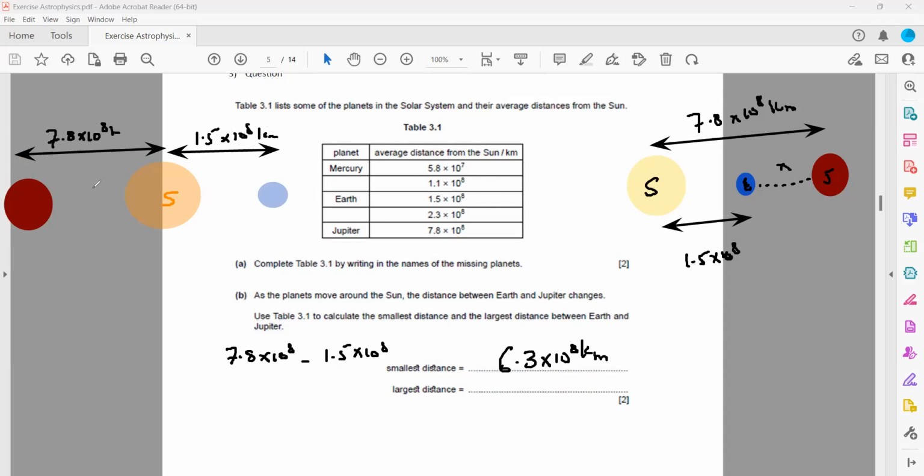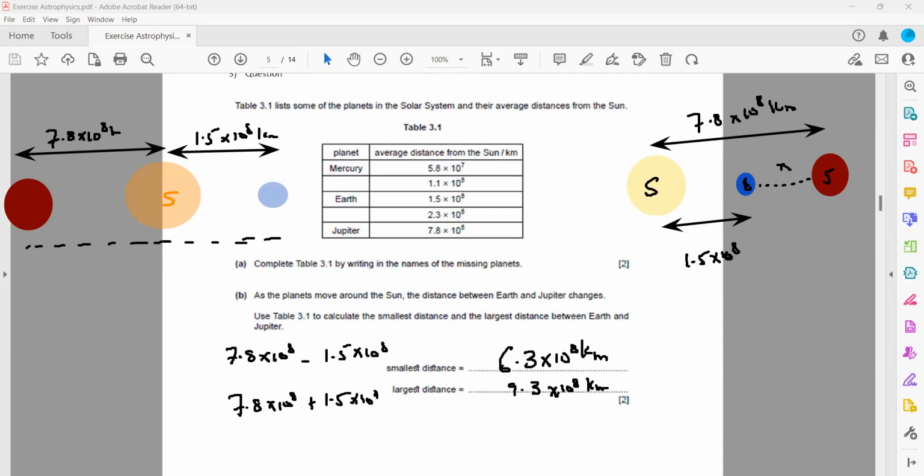Both are in kilometers. So we want this distance from Earth to Jupiter. We'll simply add them. So it will be 7.8 into 10 to the power 8 plus 1.5 into 10 to the power 8, which is 9.3 into 10 to the power 8 kilometer.